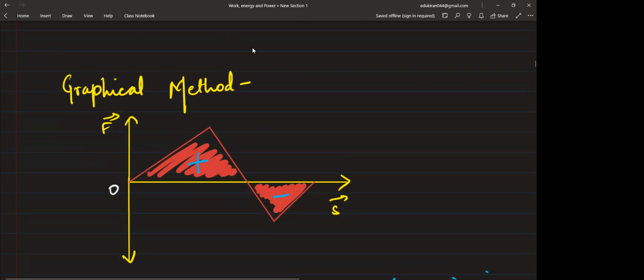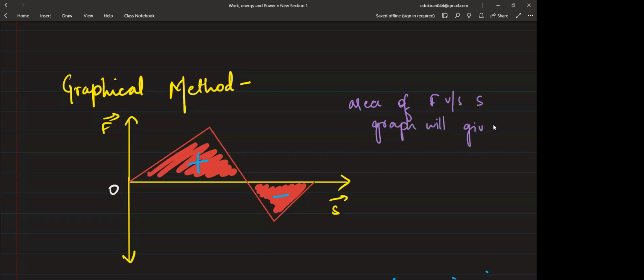Okay, and now when we're talking about the graphical method, the area of force versus displacement graph will give you the work done. Now see class, there's a logic whenever you are solving anything through graphical method.